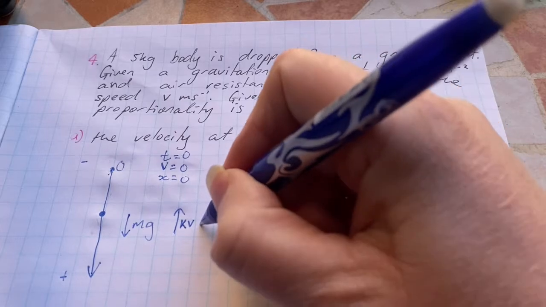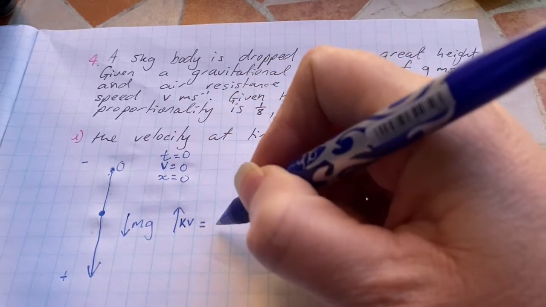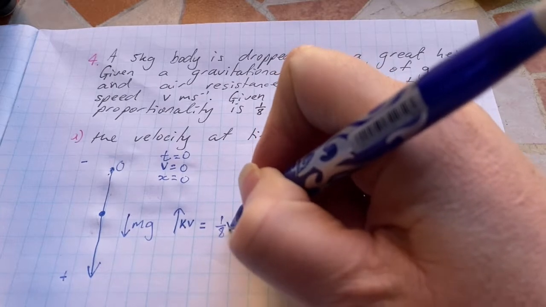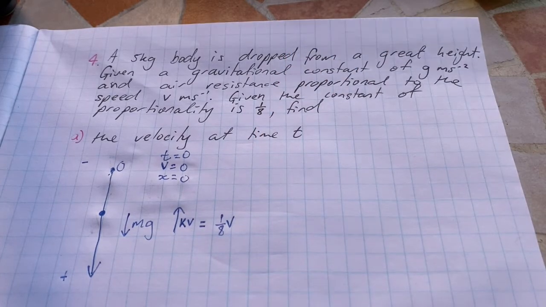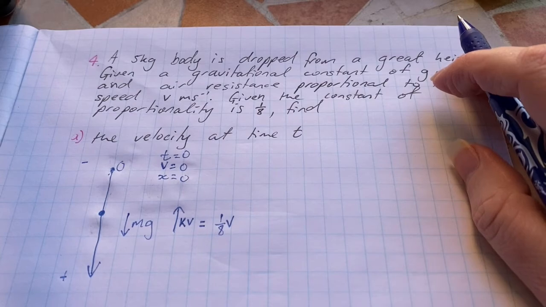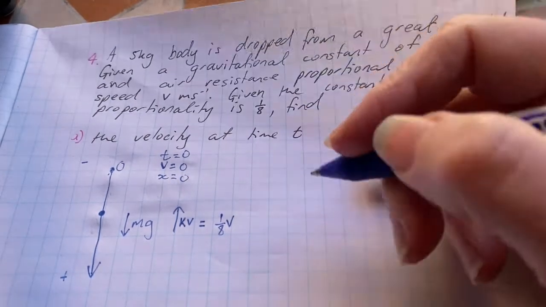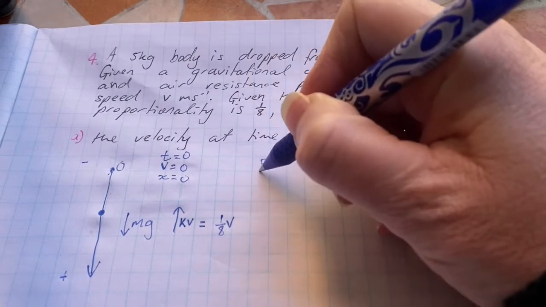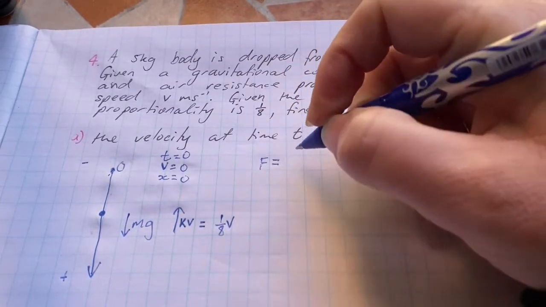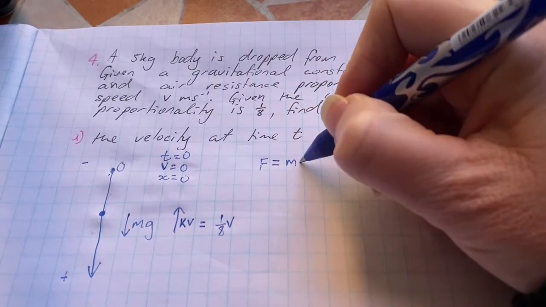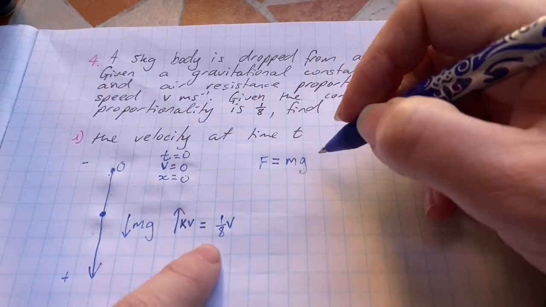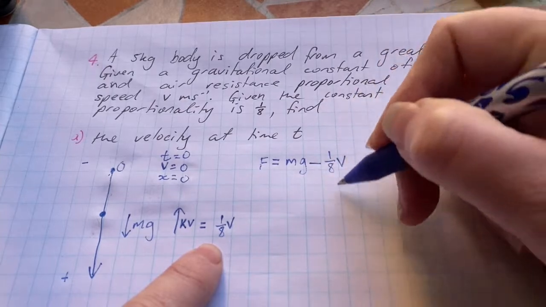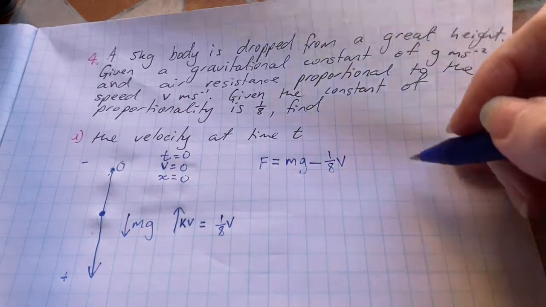So I'm just going to write here that this is 1/8v. So the resultant force, or the net force on this motion, it's got that mg going in the positive direction, and it's got 1/8v going in the negative direction.